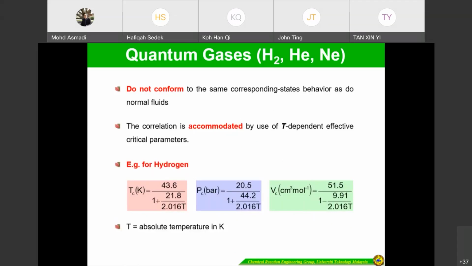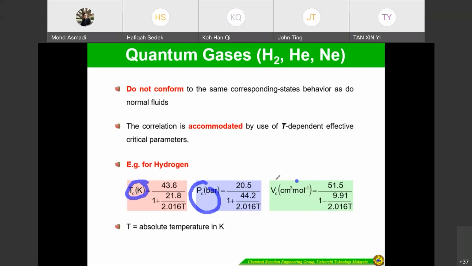You have a value from the table for a certain temperature. So in the case of hydrogen, neon and helium, we can use this equation also to get the accurate TC and PC.